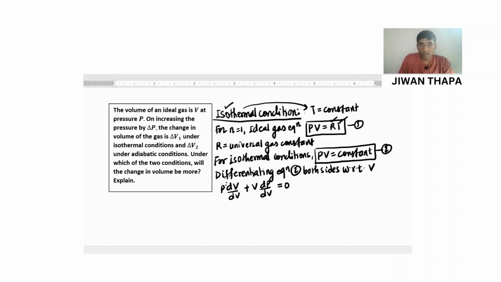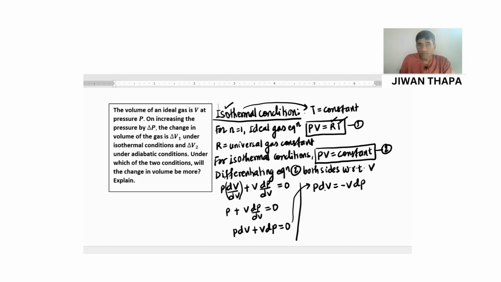And we know dV by dV gives 1. So P plus V dP by dV equals 0. On simplification, P dV plus V dP equals 0. On rearranging, we get P dV equals minus V dP.